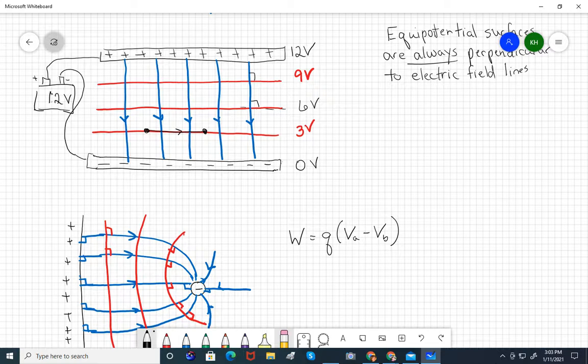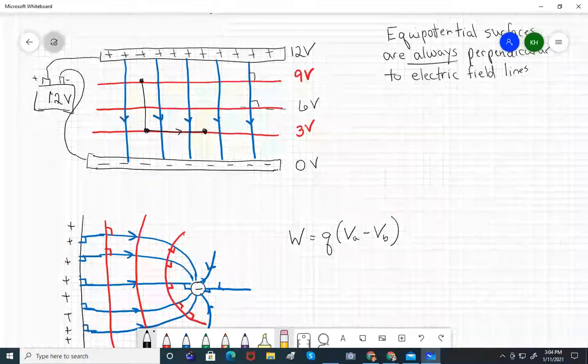If I have a charge and it went from here to here, and a negative charge would willingly go from here to here, then there is going to be some work. Let's suppose I had an electron.